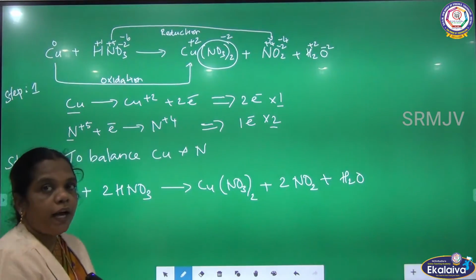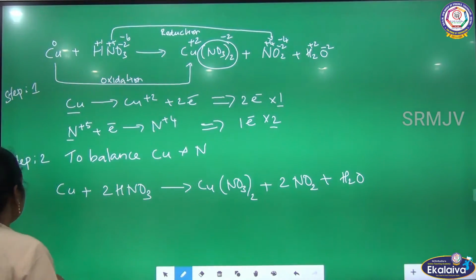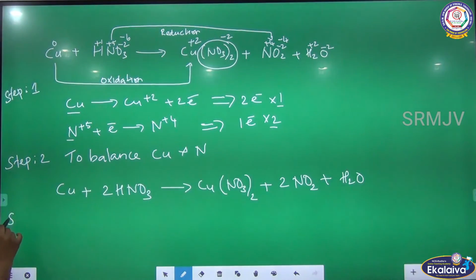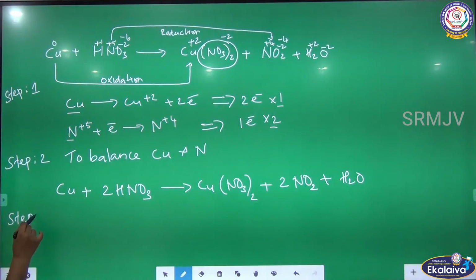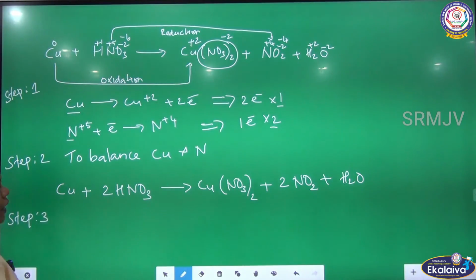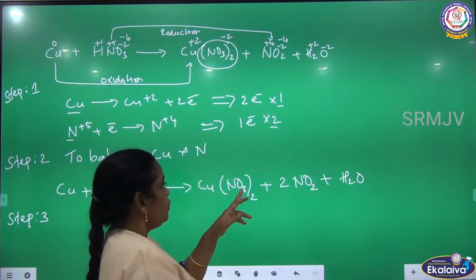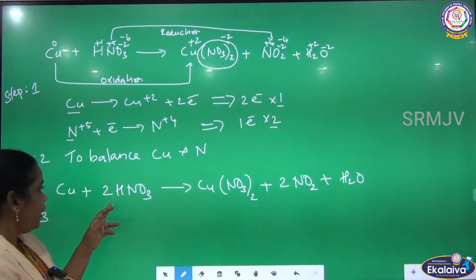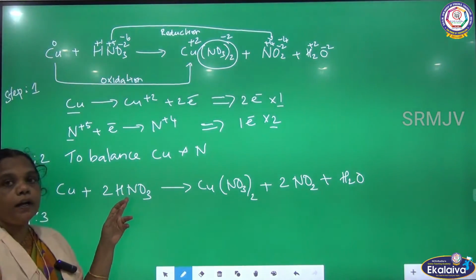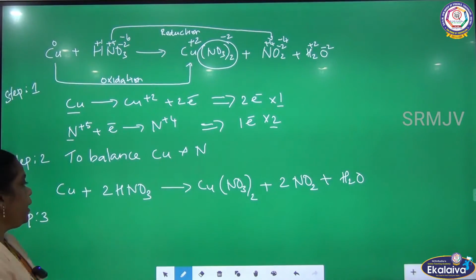Next step, step 3, you want to balance nitrogen, because here 2 plus 2 is 4 nitrogen, and on this side only 2 nitrogen. So there is no change in the number of copper, and now you want to balance nitrogen.